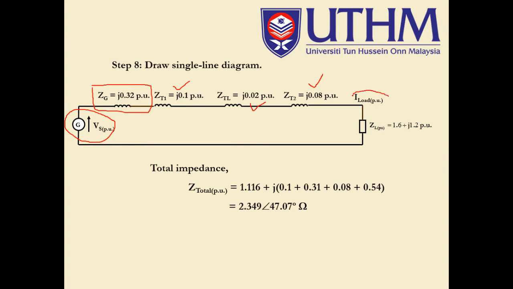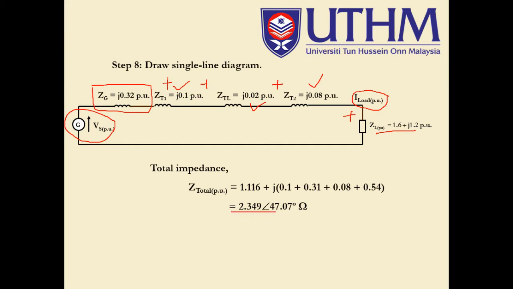So this is the load current PU, as well as the impedance load PU. So total up everything, this plus ZG plus ZT1 plus ZTL plus ZT2, transformer number 2, and plus the load impedance PU.